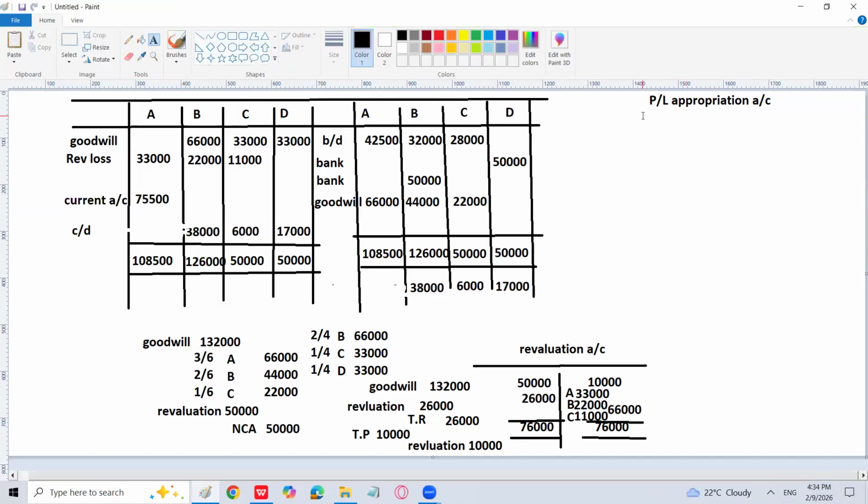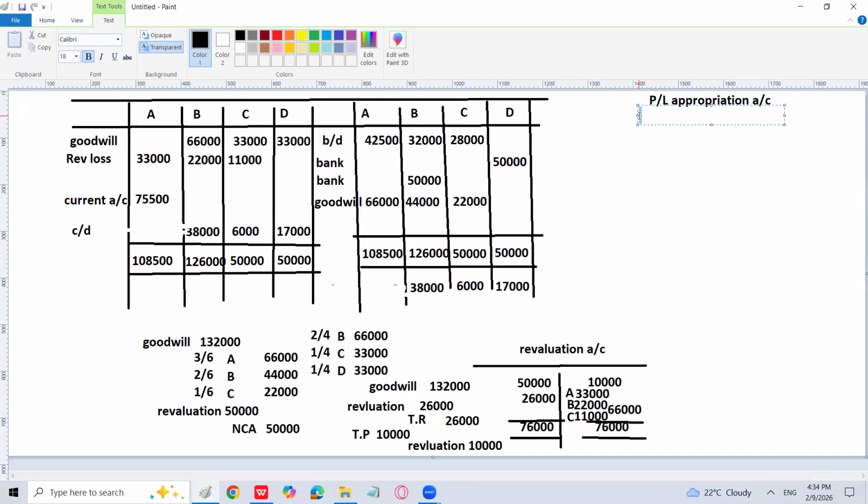Now, see, I will write here first 6 months and then I will write here last 6 months. You can write also like this, up to 31st December 2010 and then up to 30th June 2011. That is still the same thing, but I just want it to be that way.